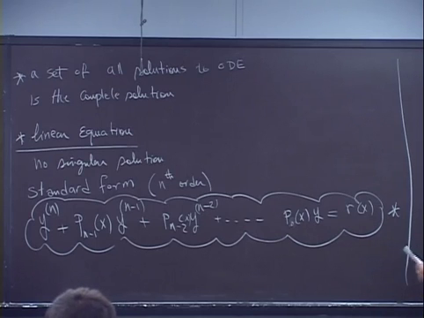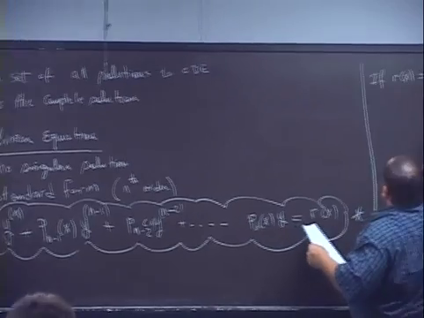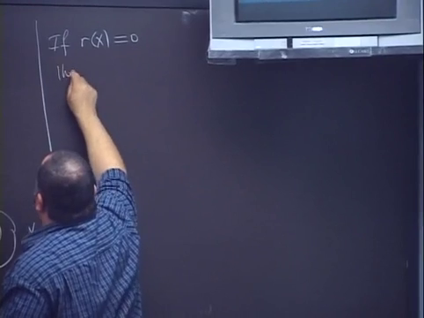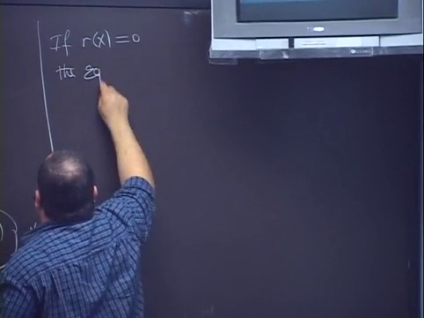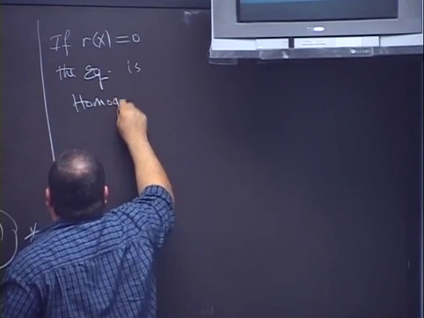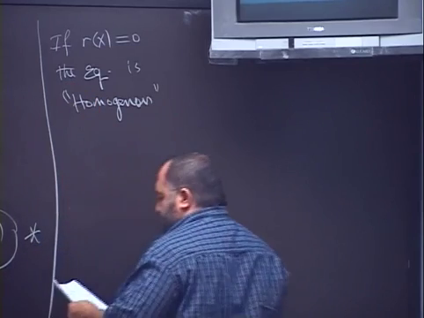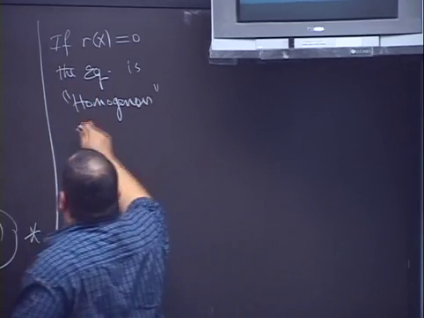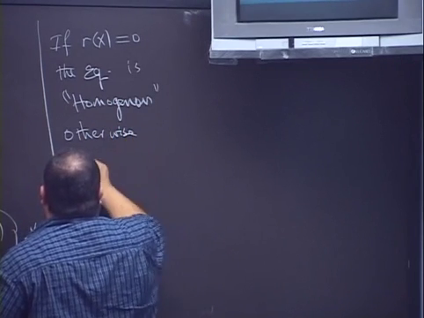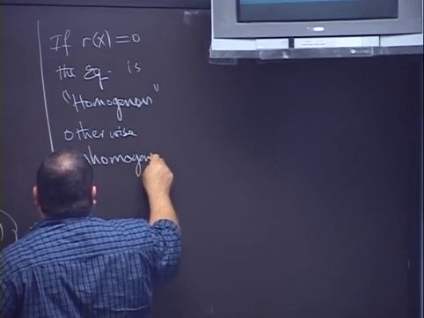So if you have r(x) equal to 0, the equation is homogeneous. Otherwise, the equation is inhomogeneous.